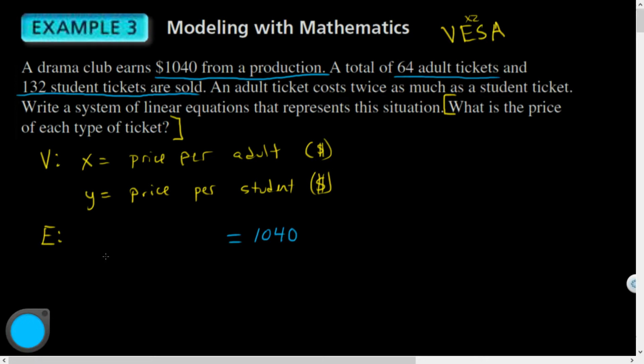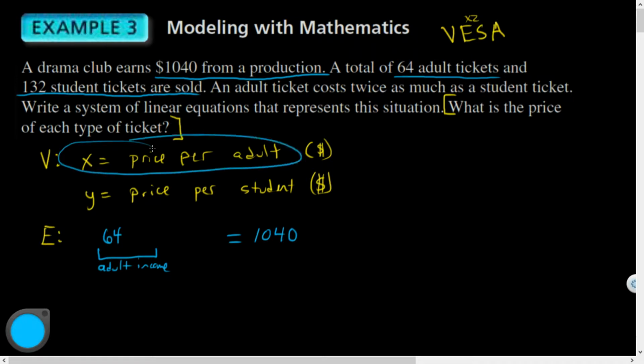If I want to figure out how much they made from the adults, adult income, something like that, I would take the number of adults, 64, and multiply by the price per adult. What is the price per adult? That's X, yeah. So 64 times X is the amount of money they earn just from the adults.